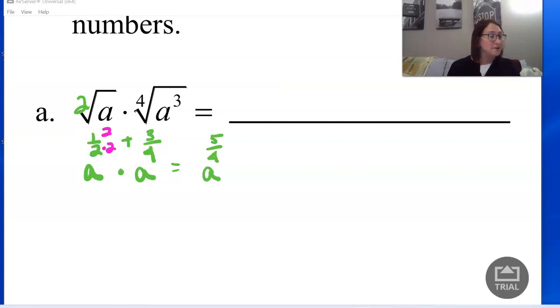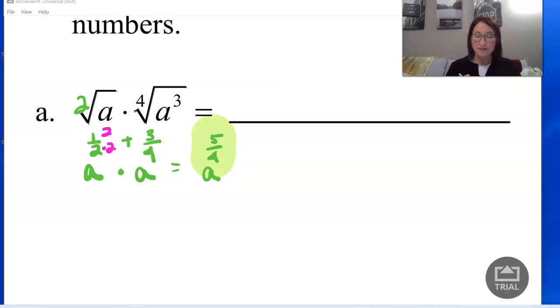Now I can convert this back to a radical. Let me just clue you in. When you have a fractional exponent that's an improper fraction, you are always going to be able to simplify that.